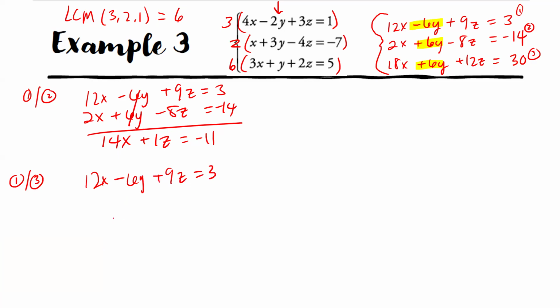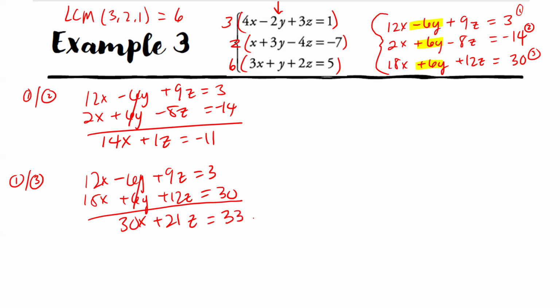And then we're going to do 18x plus 6y plus 12z equals 30. So this is an example of if you do LCM in the beginning, an example of where you may get large numbers. So we have 30x plus 21z equals 33.